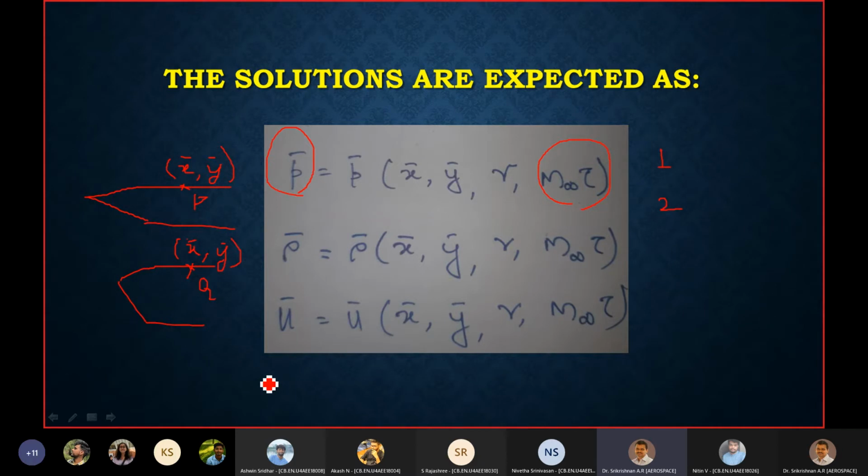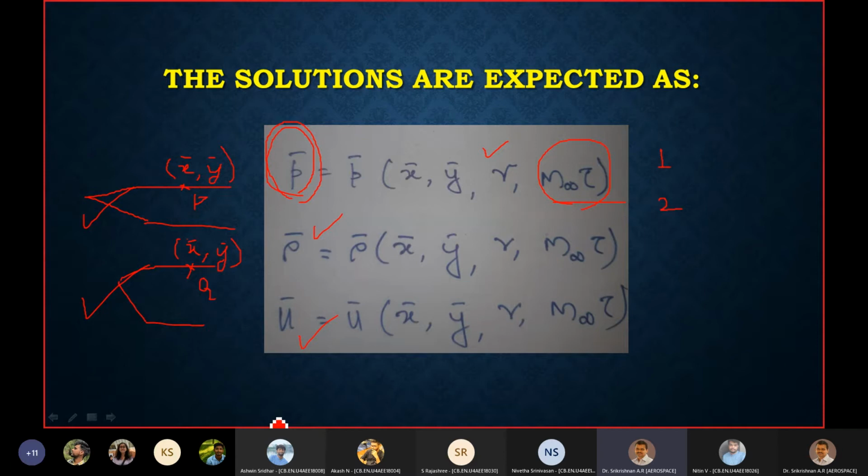If so, assuming that we have the same working fluid, say air, where gamma is the same, then we can say that as long as this product is the same for the two cases, the pressure, density, and similarly the velocity field also, will match. So the non-dimensional pressure distribution, non-dimensional velocity distribution, and non-dimensional density distribution are all going to be the same as long as M infinity into tau is the same for the two cases.